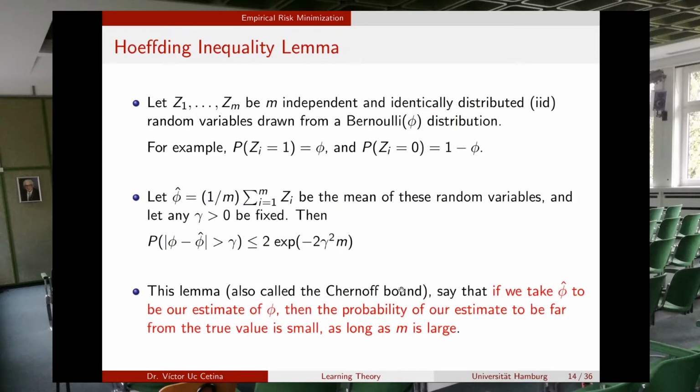Okay, so this lemma, which is also called the Chernoff Bound, says that if we take the estimated or average phi to be our estimate of phi, then the probability of our estimate being far from the true value is small, as long as m is large. Okay, so this is the way we can read this inequality.